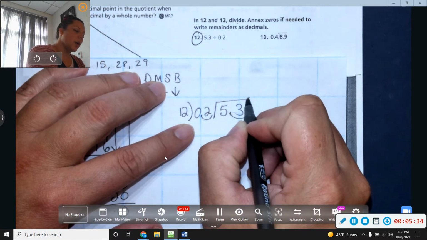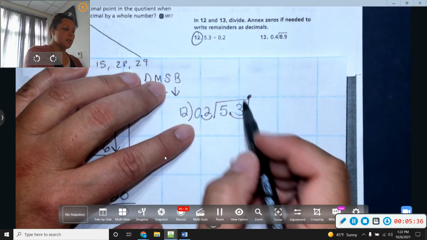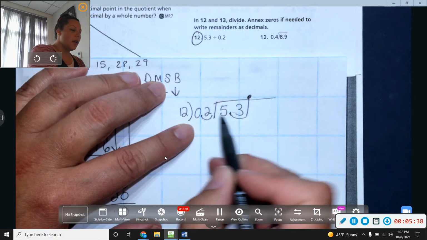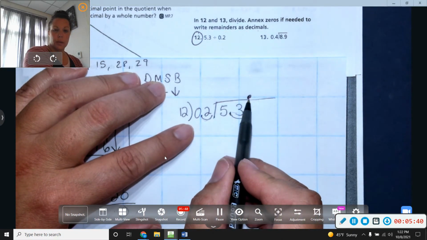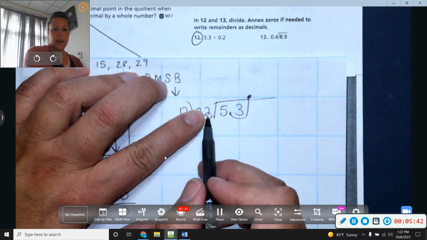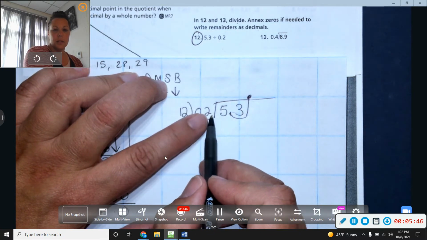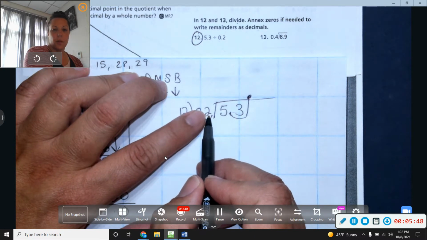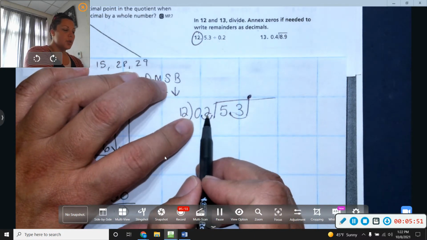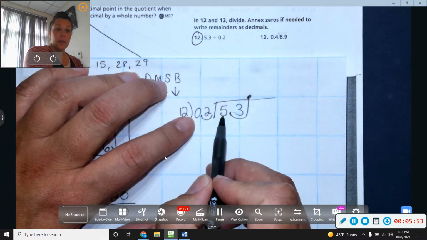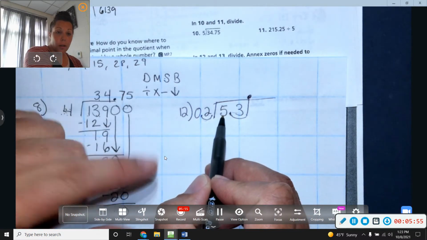And then I draw my line straight up and place my decimal, because in my answer, that's where my decimal goes. Okay? So now I have 2 out front. Because I moved this here, I have 2 out front. Okay? So 2 goes into 5, so 2, 4. Okay?